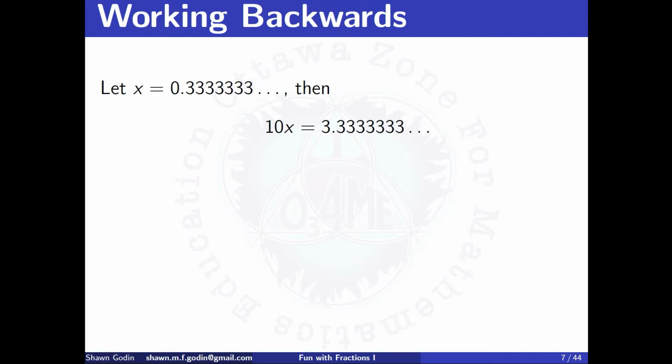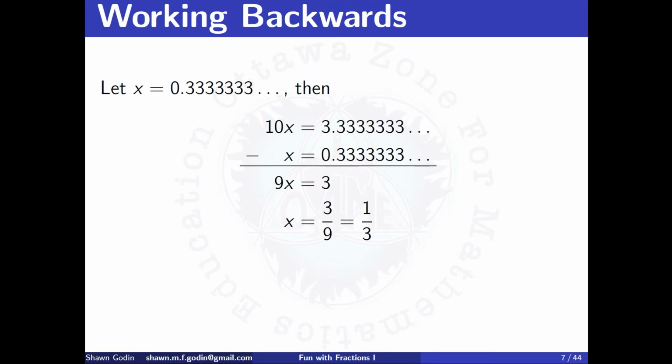After the decimal, we have exactly the same thing going on as with our original number, which means that if we subtract our original number from 10x, we're going to get rid of the decimal part. I'll just be left with 3 over here, 9x, which means I can solve for x. X is 3/9, which reduces to 1/3.